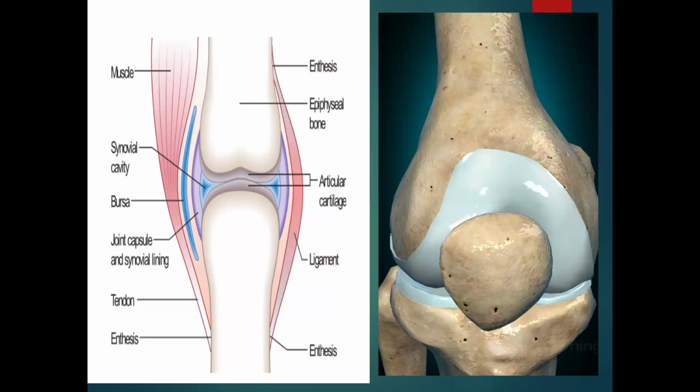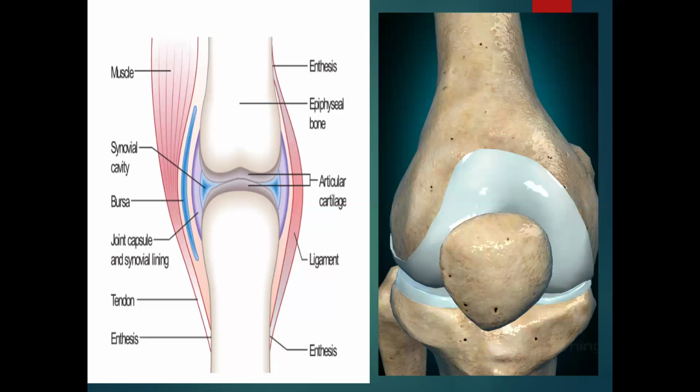It encapsulates the joint and helps retain synovial fluid in place so that the synovial fluid does not leak away. This synovial fluid cushions the effect and lubricates these two surfaces here, allowing for easy movement of the joint.